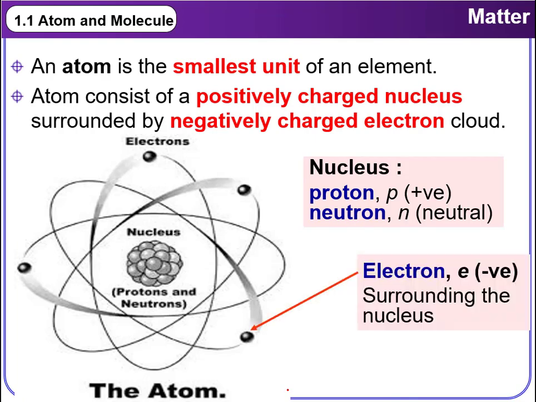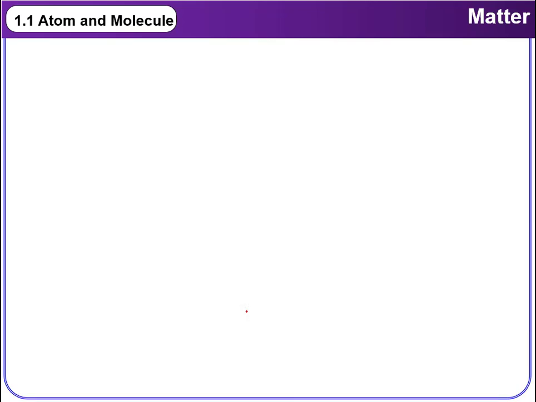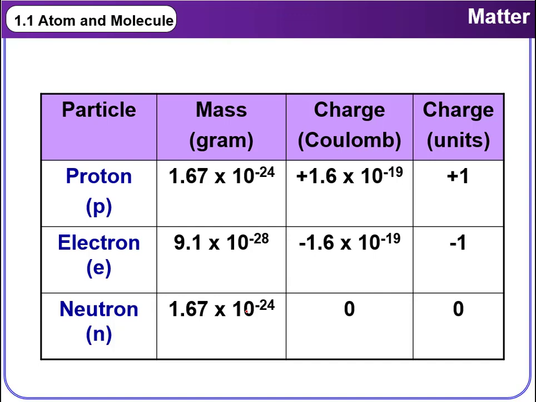Okay, so an atom is the smallest unit of an element, right? Atom consists of three subatomic particles, which are proton and neutron in the nucleus, while electron will move surrounding the nucleus. These are the mass, the charge, and the charge unit of each of the subatomic particles in an atom.